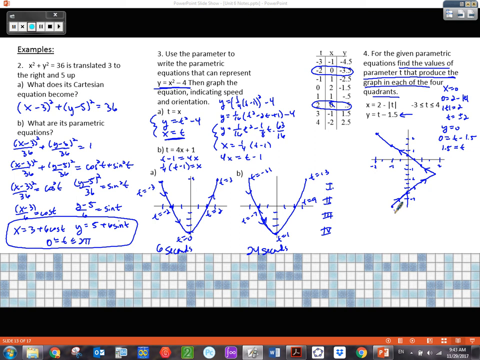Let's start at the beginning. So we're in quadrant 3 right here. What time did we start in quadrant 3? At -3, right? So -3. Are we in quadrant 3 at -3? We're inside the quadrant, okay? So less than or equal to t. So when do we leave the quadrant?